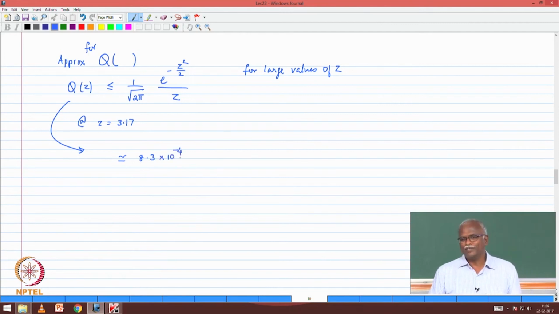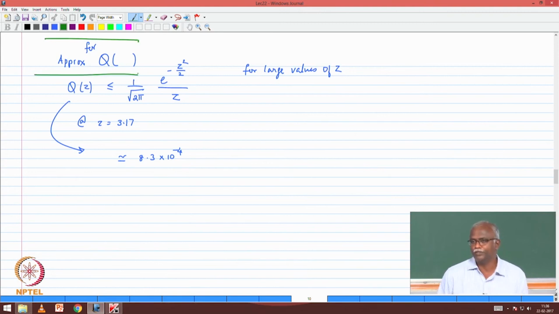The Q function told me it was 8.4 into 10 power minus 4. It's almost a negligible difference. So again, keep this in the back of your mind, that there is a good approximation for the Q function if you do not have access to the tables, and useful for us to work there. Okay. Any questions?